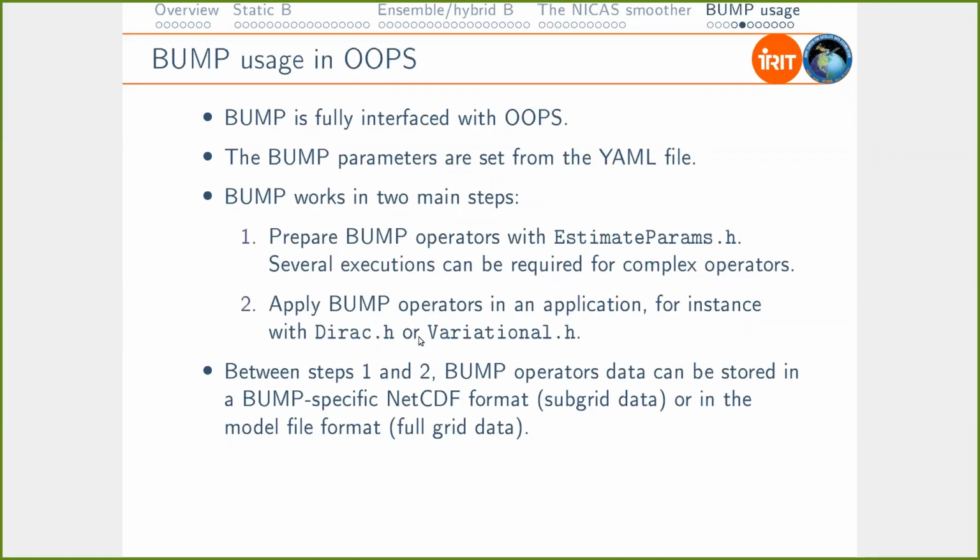And then once we have these BUMP operators ready, we can apply them in, for instance, a Dirac application or a variational one. Between steps 1 and 2, the BUMP operators data can be stored either in BUMP-specific netcdf files when it's subgrid data, or when we have, for instance, the normalization fields defined on the model grid, we can have them stored in the model file format, which can be easier to handle.